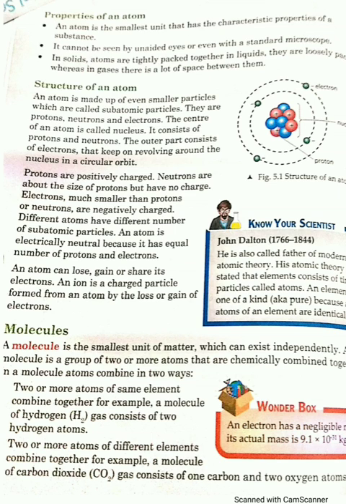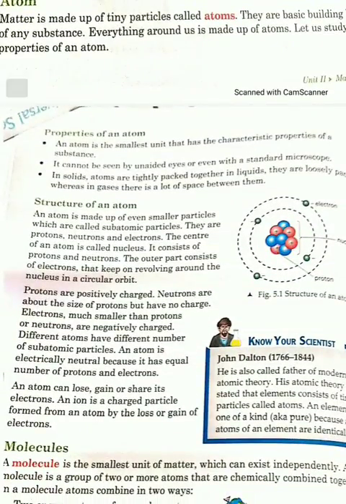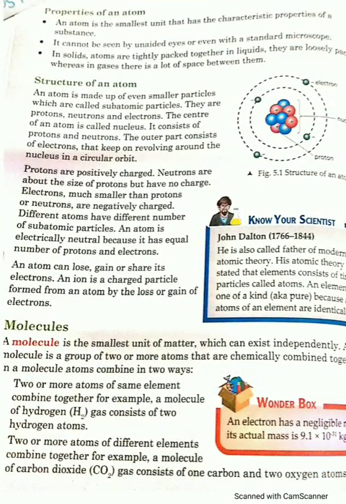These ions have two types of charges. The first one is positive charge, the other one is negative charge. They are categorized as anions or cations. So I think the structure of atoms is clear to you all, and how they are different from each other is also clear.